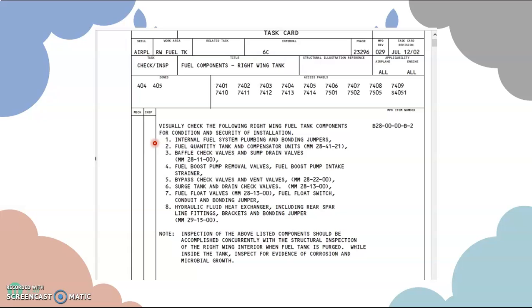Like we can see: 1. Internal fuel system plumbing and bonding jumpers, 2. fuel quantity tank and compensator unit, 3. valve check valves and some drain valves, 4. fuel boost pump removal valves, fuel boost pump intake strainer, 5. bypass check valves and vent valves, 6. surge tank and drain check valves, 7. fuel float valves, fuel float switch, conduit and bonding jumper, 8. hydraulic fluid heat exchanger, including rear spar line fitting, brackets and bonding jumper.